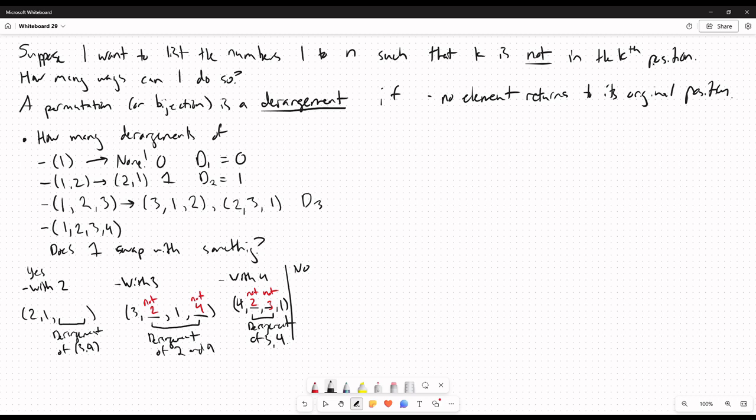So what I did is I picked which element 1 was going to swap with. There are n-1 ways to do that. And then I'm going to find a derangement of the remaining things.